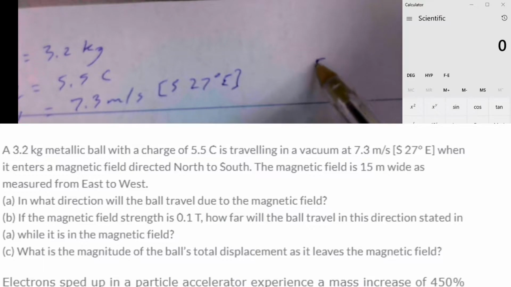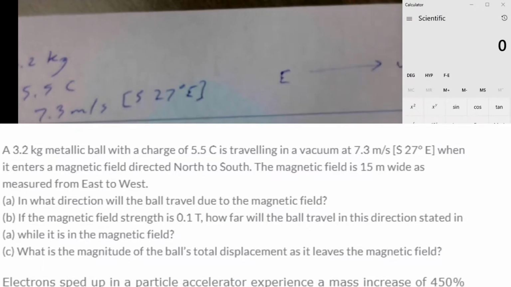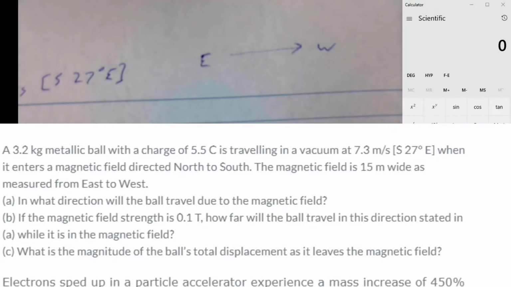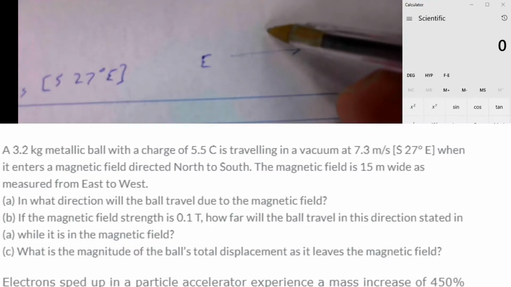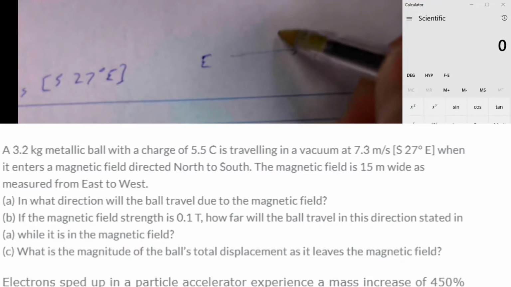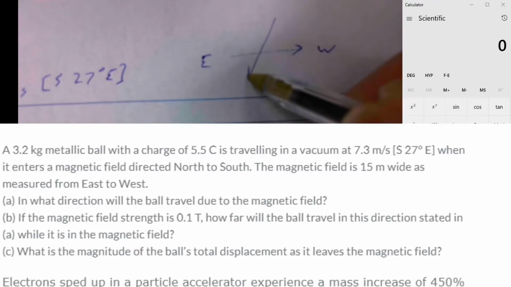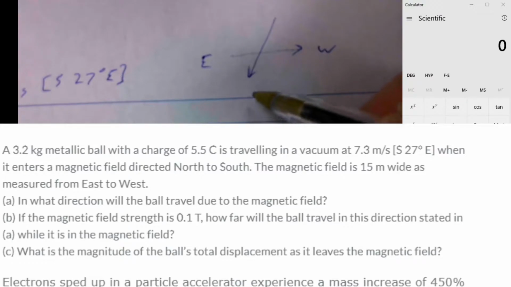So this is my east, this is my west, so my magnetic field is directed in this direction. I'm just going to slide this over so we can see it. We're traveling south at a certain angle towards the east. So let's draw something like this. This is our general direction of travel. That's our V.